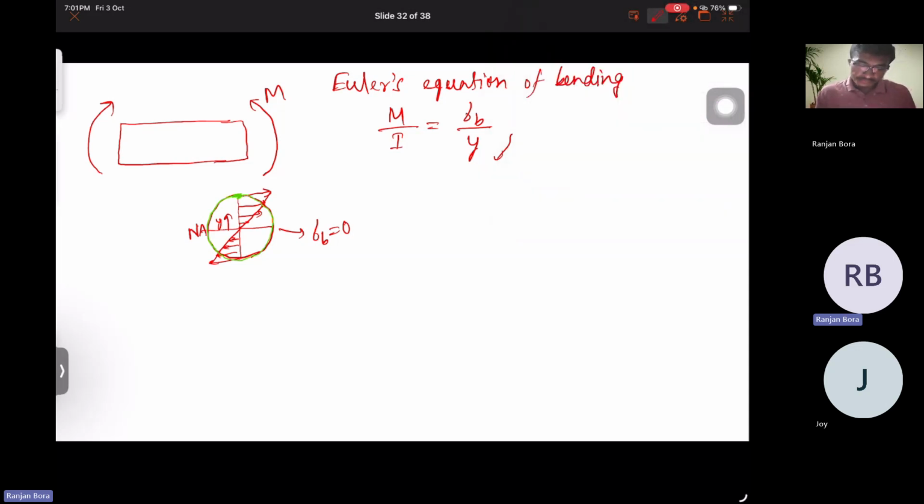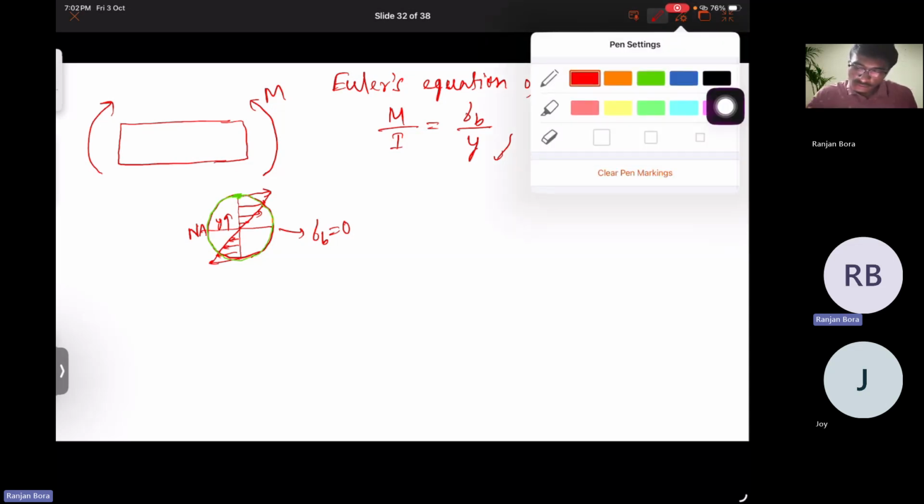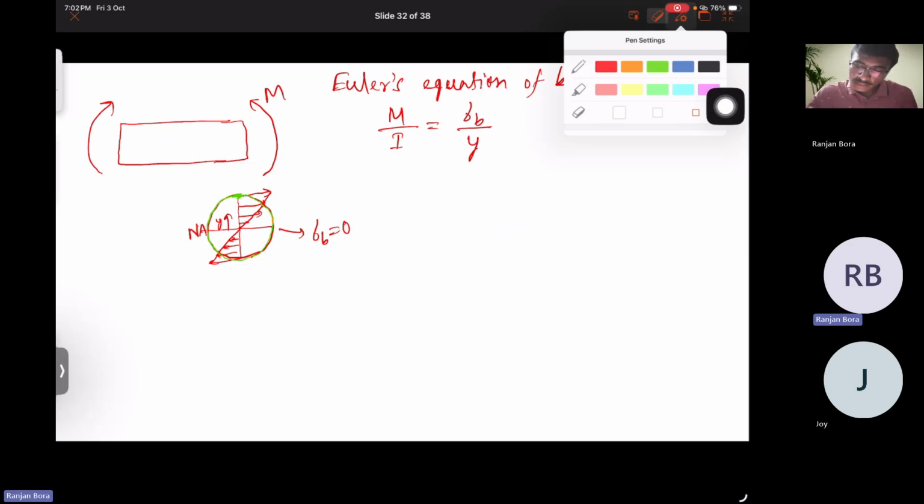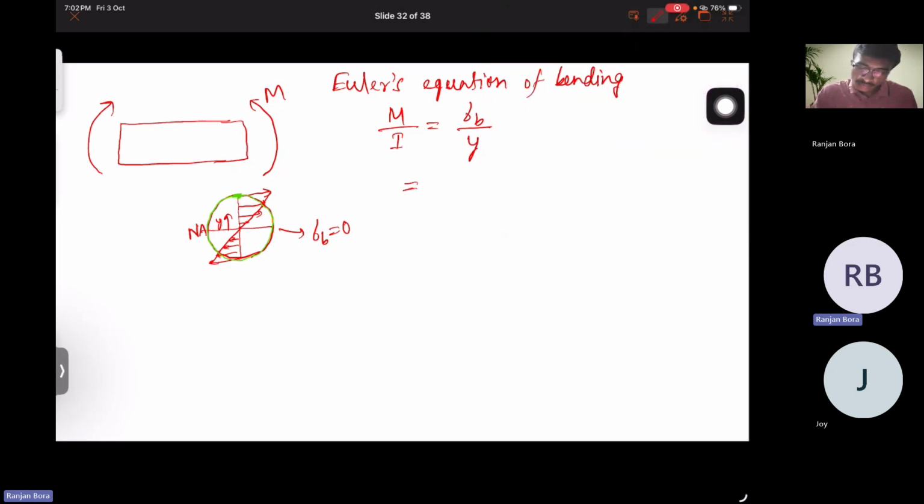So we can use this equation, sigma b equal to My divided by I, and we have calculated these values.